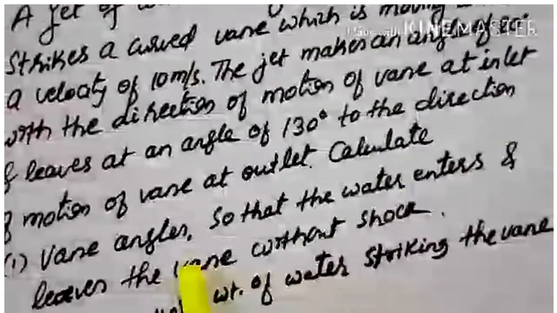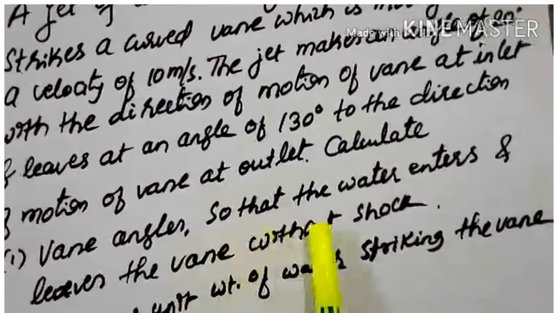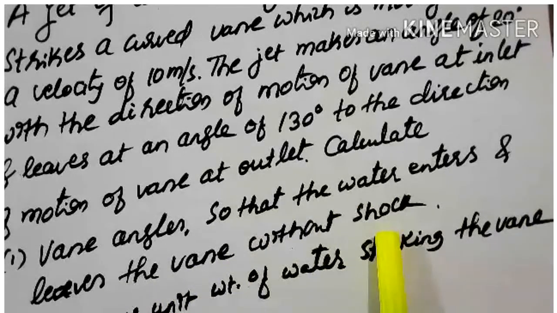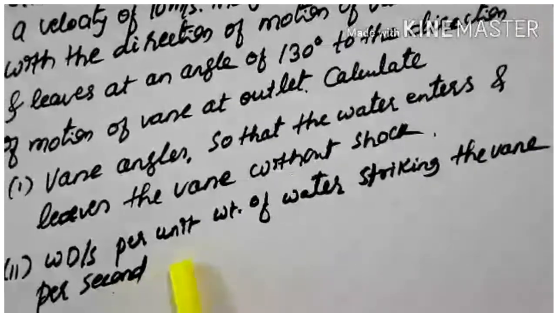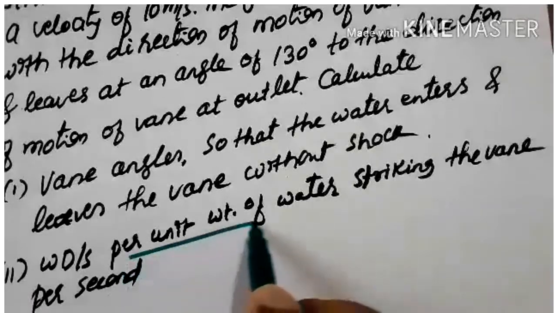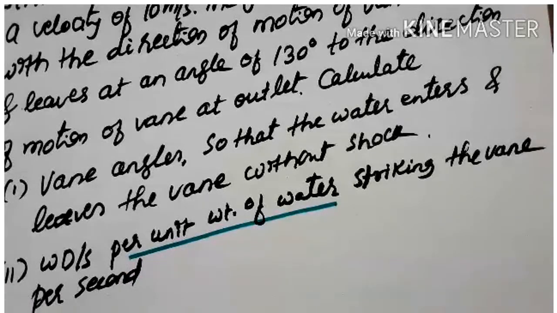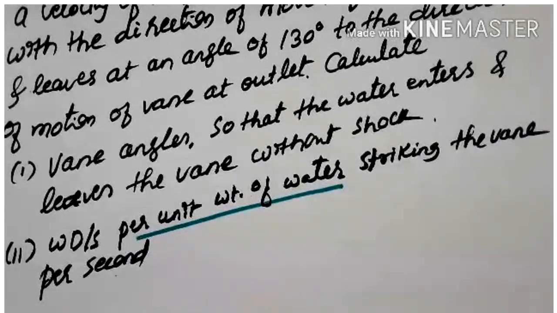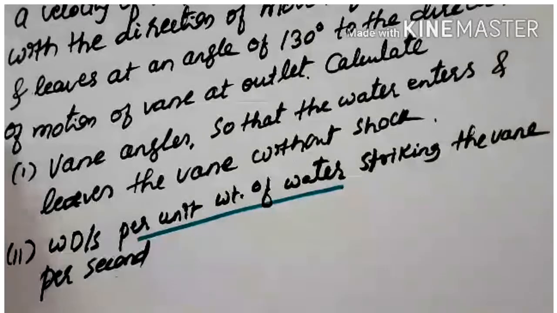Calculate, first, the vane angles so that the water enters and leaves the vane without any shock, then the work done per second per unit weight of water striking the vane per second. So this is the problem given here.